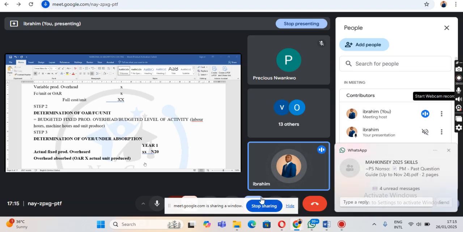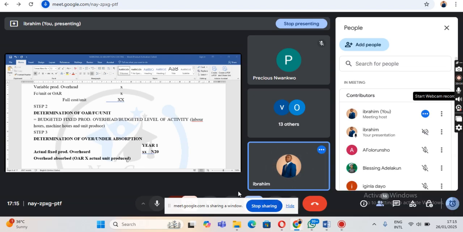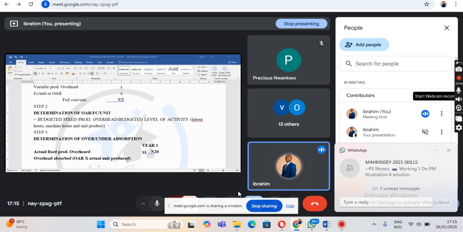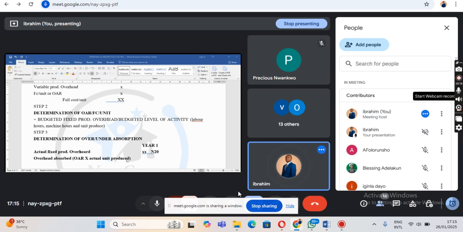Now, do you know why we multiply by the actual unit produced? It is because we want to pick something in common in actual fixed production overhead. Don't forget that your actual fixed production overhead will be originated from your production and thereabout, right?